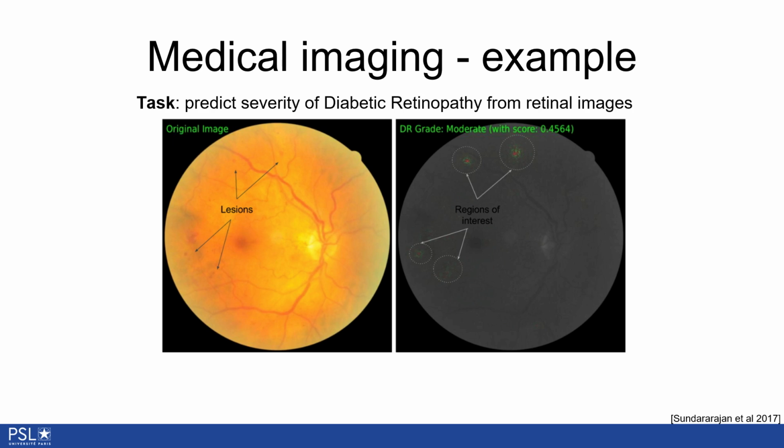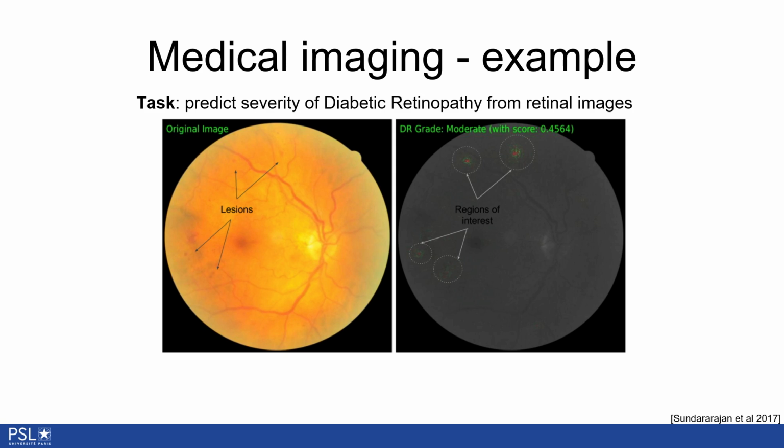Previous work by Gulshan and colleagues developed a deep network model to predict the severity of diabetic retinopathy from retinal images. In this situation, feature importance explanations can be used to allow specialists to confirm the network's predictions and obtain insights for further testing and screening.